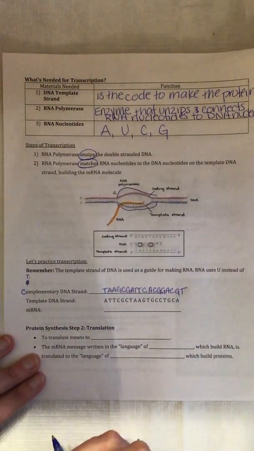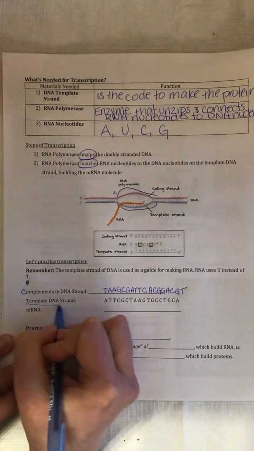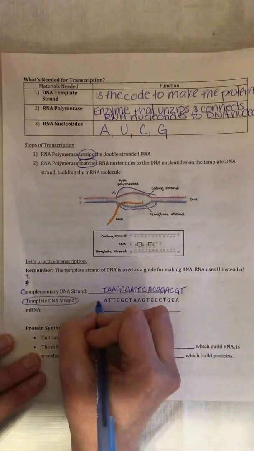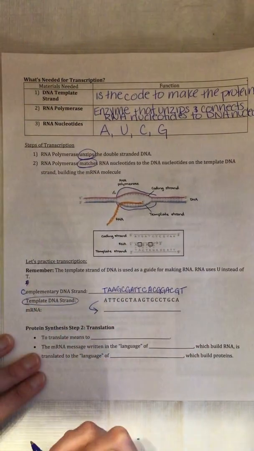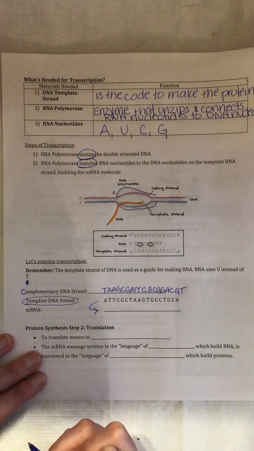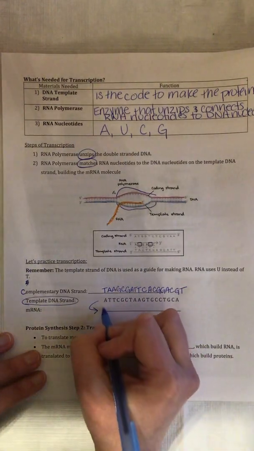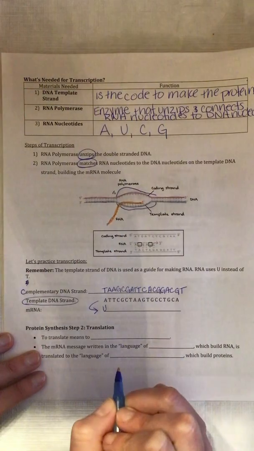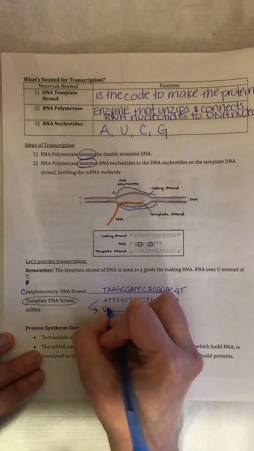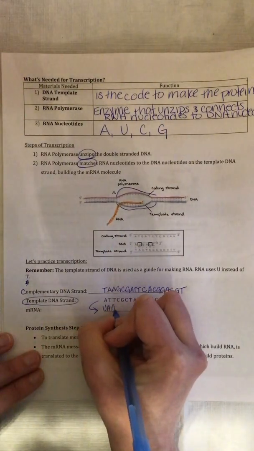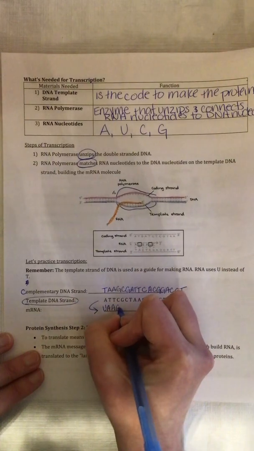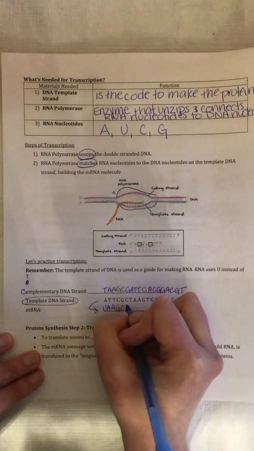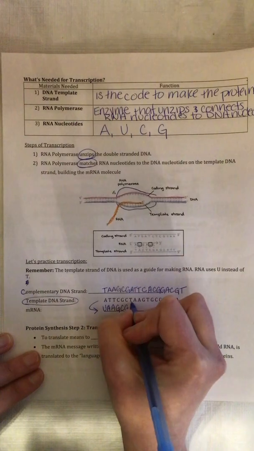All right, but now we use our template DNA strand to make our mRNA. So this is where it's a little bit different. Adenine now goes to uracil. There's no thymine in mRNA. Thymine goes to adenine, adenine. Cytosine goes to guanine, guanine goes to cytosine, cytosine goes to guanine.